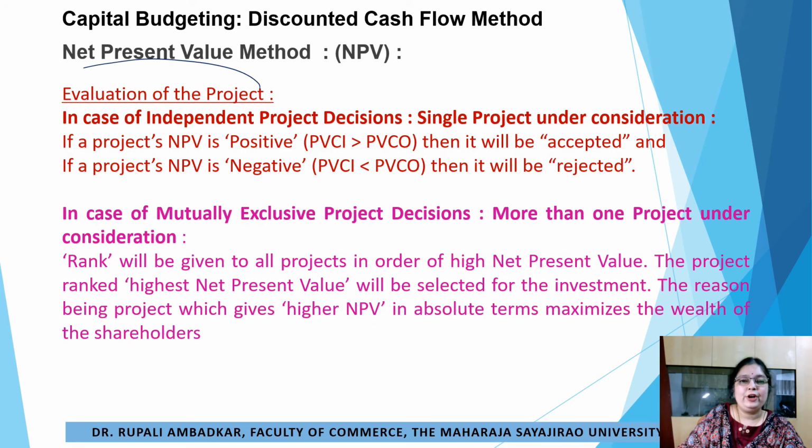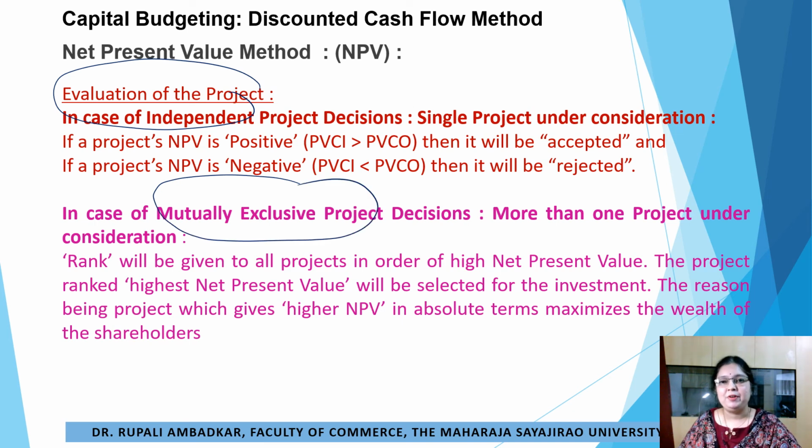So how do we evaluate projects on the basis of net present value? In this particular case, we had mutually exclusive projects, project A and project B. So we need to rank them on the basis of highest NPV.